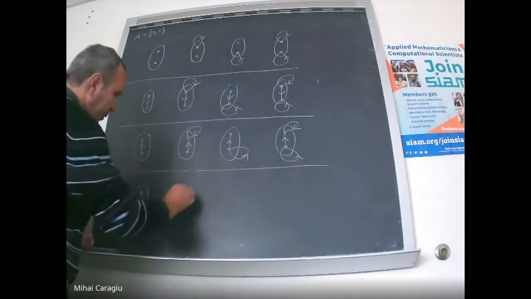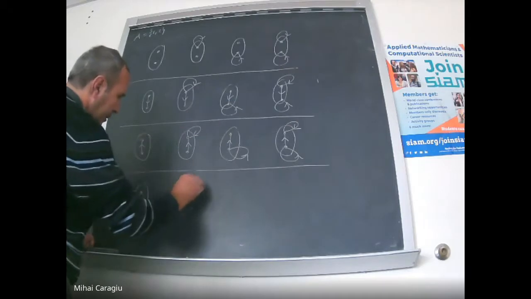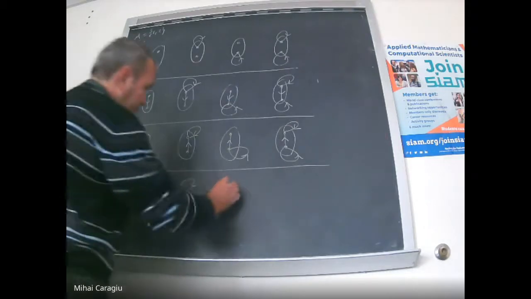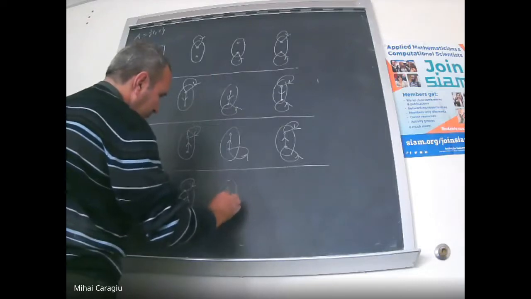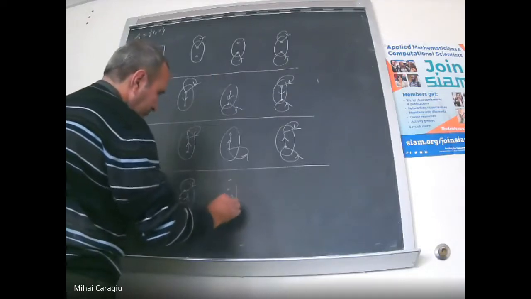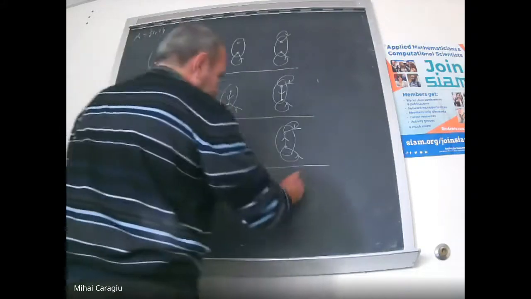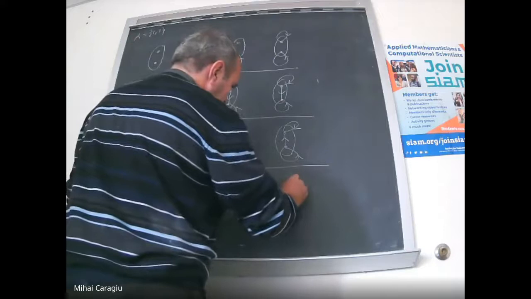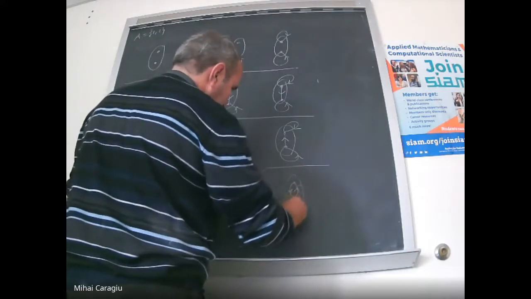From 1 to 2, 2 to 1, loop at 1. From 1 to 2, 2 to 1, loop at 2. And finally, from 1 to 2, 2 to 1, and loops at both 1 and 2.